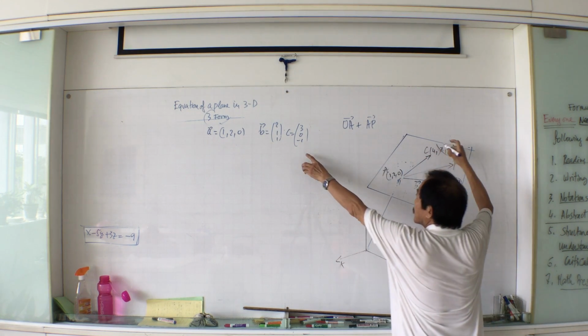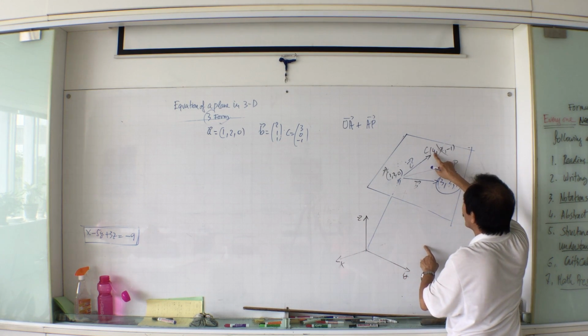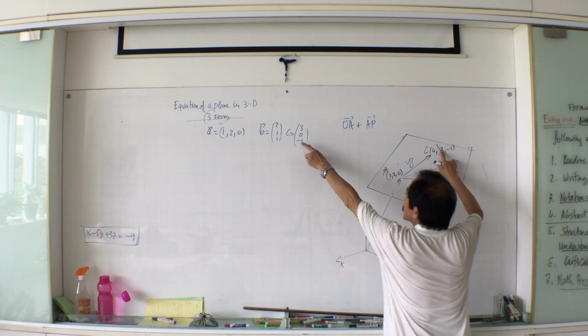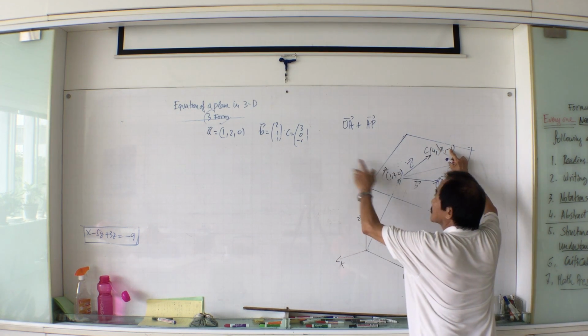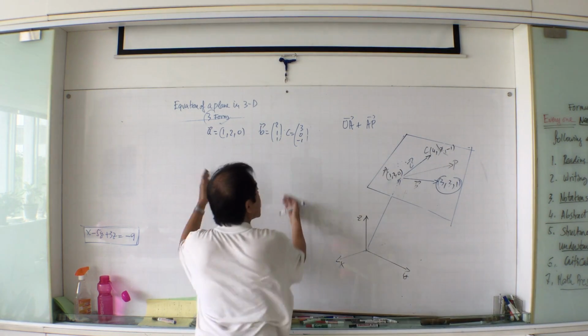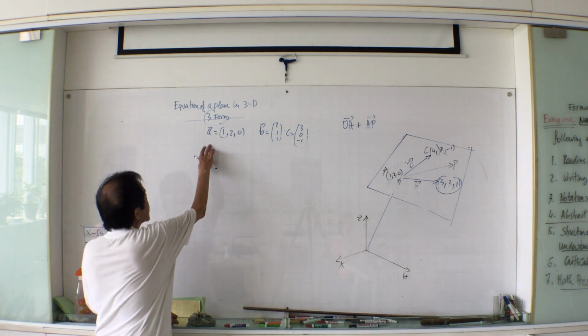So now if they give you vector C like this, the point has to be 4, because 4 minus 1 equals 3, 2 minus 2 equals 0, and negative 1 minus 0 equals negative 1, okay? Sometimes they give you the vector straight like this, sometimes they give you the point, so make sure you don't get confused. So now, how to write this one?